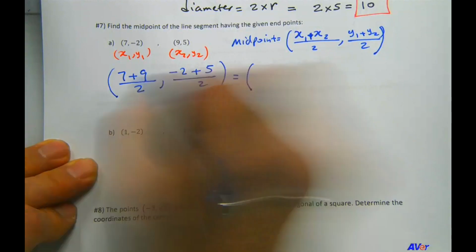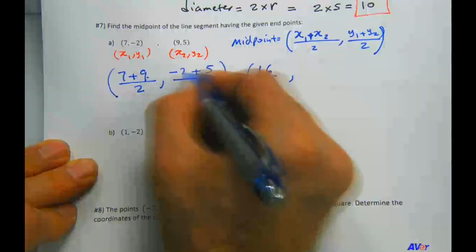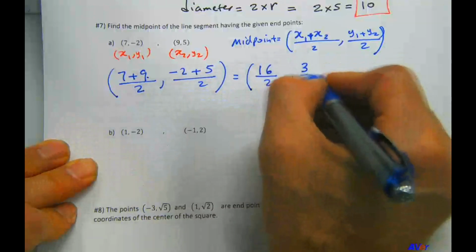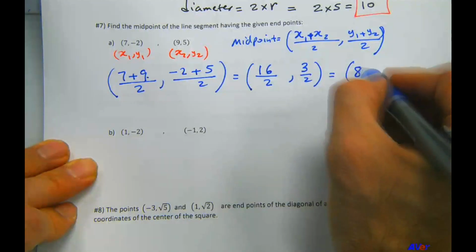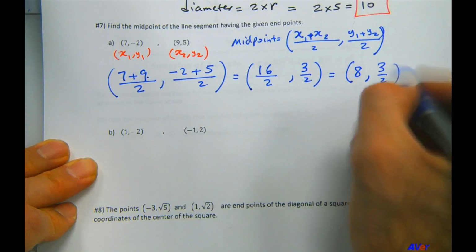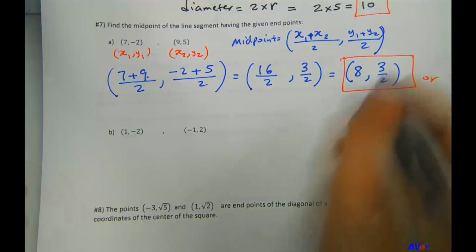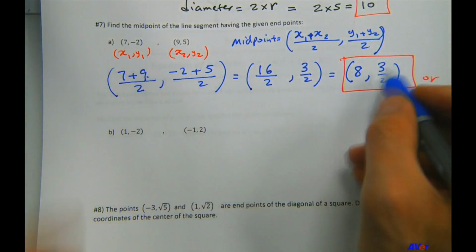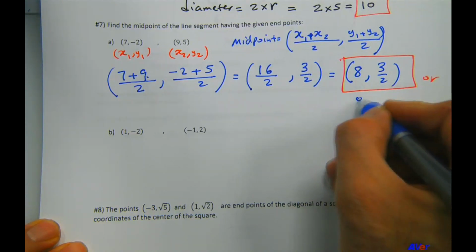So equals 7 plus 9 is 16 divided by 2, negative 2 plus 5, 3 divided by 2. So we have 16 divided by 2, 8, comma, 3 halves. You can either leave it like this, or you can convert that to decimal because it's an easy decimal, right? 8, comma, 1.5.